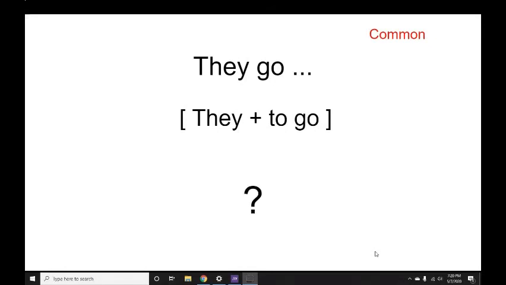How about the other way of saying they go without puak? Kao bai. Okay, now you may see this more in writing than you hear it in speech, but you will hear it. Kao bai. And they will understand what you mean, especially with the context. If you're referring to a group of people and you say kao bai, they'll understand you mean they go.